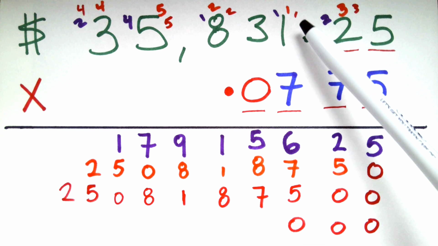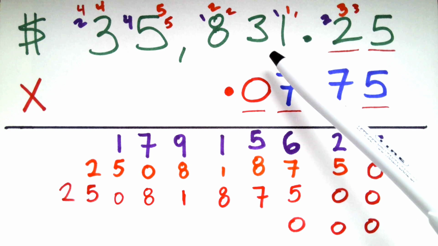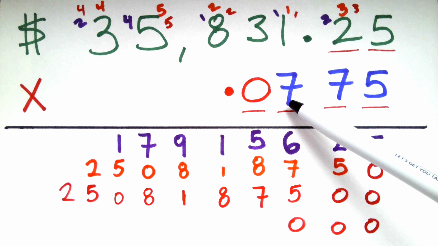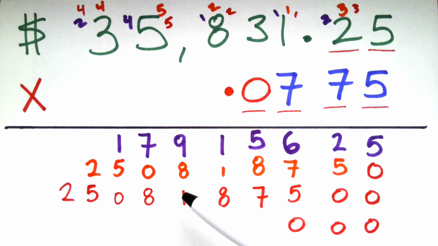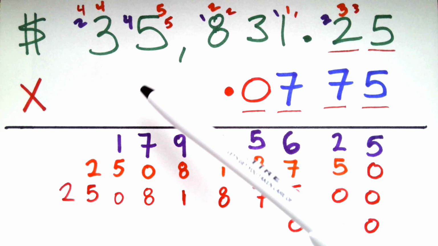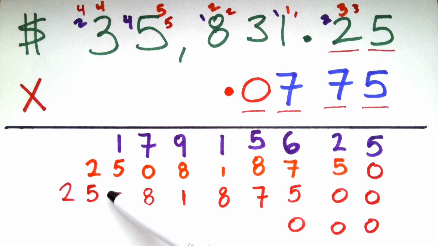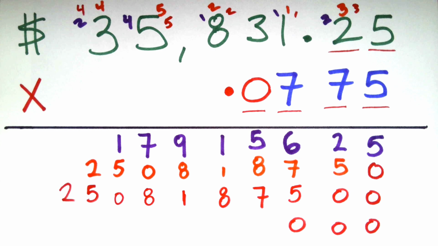I'll carry the 1 in red. 7 times 1 is 7, plus 1 more is 8. 7 times 3 is 21. I'll put the 1 down here. I'll carry the 2. 7 times 8 is 56, 57, 58. I'll put the 8 down here. I'll carry the 5. 7 times 5 is 35, plus 5 more is 40. There's the 0. I put the 4 up there. 7 times 3 is 21, plus 4 is 25.